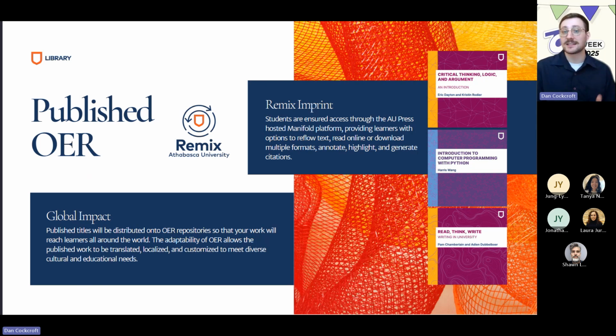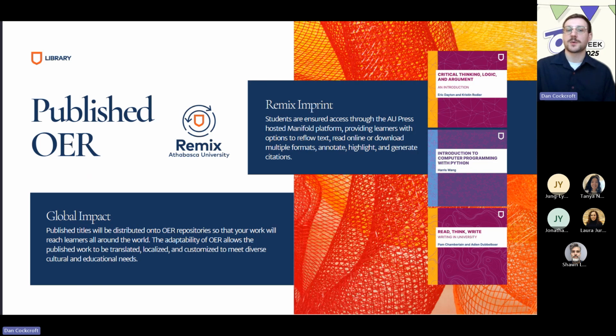They can annotate the text, highlight different sections, and they can even generate citations. So far, we've published 3 books with many more to come. This includes Critical Thinking, Logic, and Argument. It's a philosophy textbook. We have a computer science textbook, Introduction to Computer Programming Python. And of course, we have the Read, Think, Write English textbook that we talked about earlier.